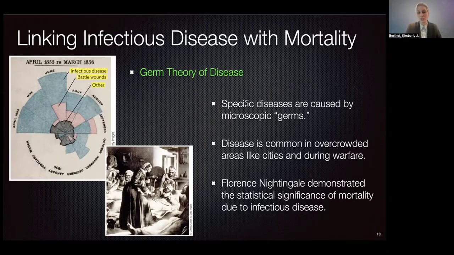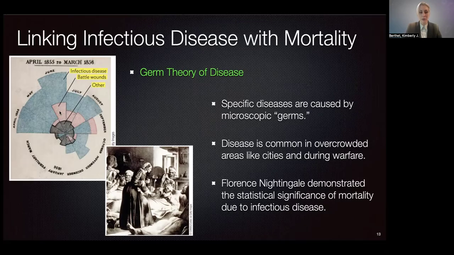What we see in this image here is Florence Nightingale, a nurse who worked in war times and was analyzing soldiers and what they were actually passing away of, what they succumbed to. What she found out was that the mortality rates of these soldiers were more likely due to infectious disease than to the battle wounds they'd inflicted. Here in this diagram, it says April 1855 to March 1856.